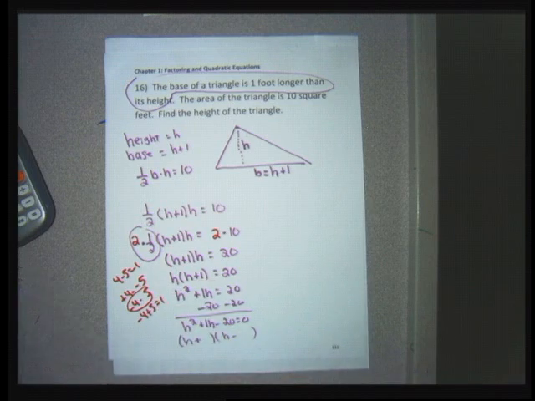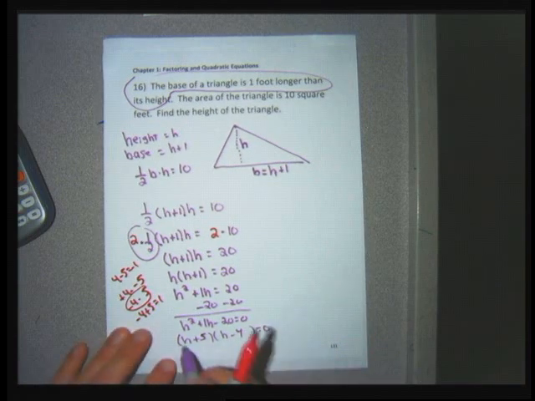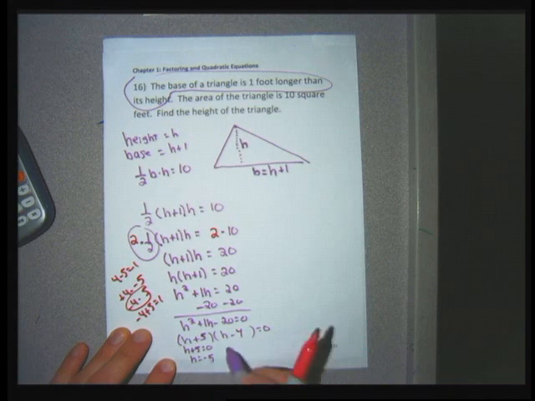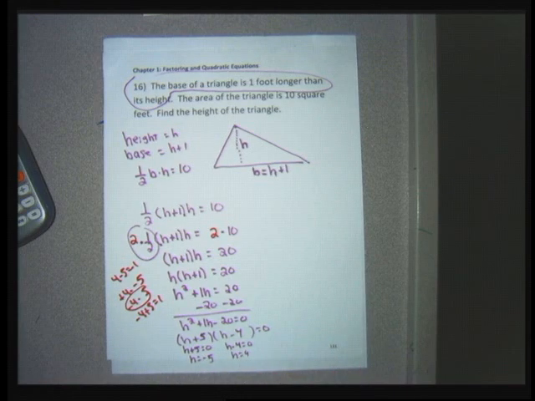So I'm going to put a plus 5 and a minus 4, set it equal to 0. Now I'll go h plus 5 equal to 0, which gives me h equals negative 5, and h minus 4 equal to 0, which gives me h equal to 4. In all geometry problems, the numbers stand for physical lengths usually, and you can't have a length of a negative 5.